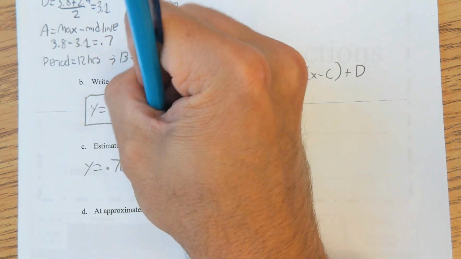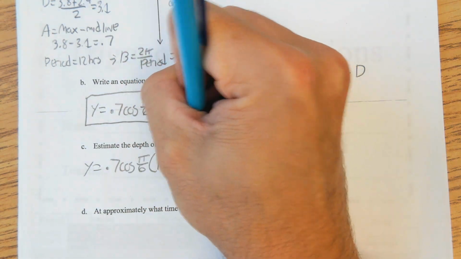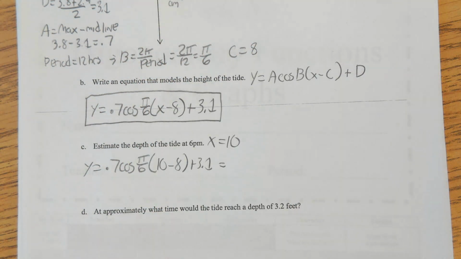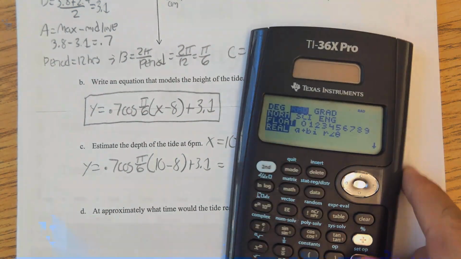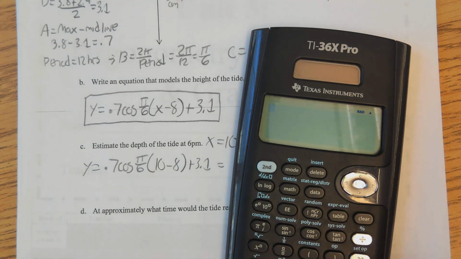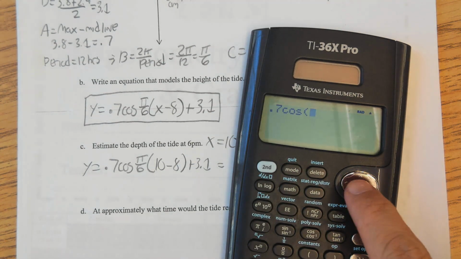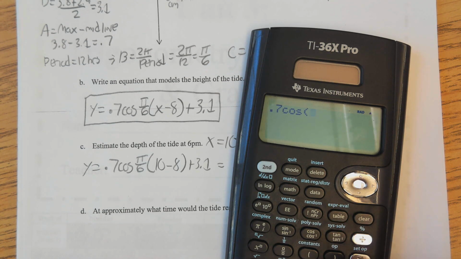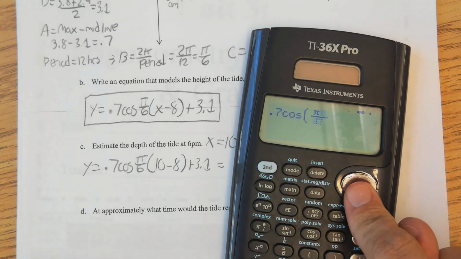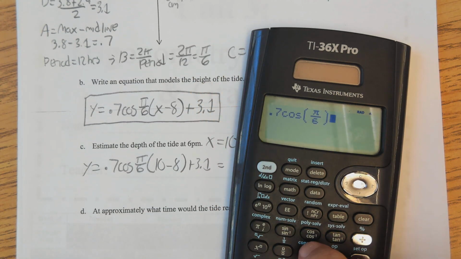So I do 0.7 cosine of pi over 6 times, this is a 2 in here because it's 10 minus 8, plus 3.1. Hit enter, and there you go.